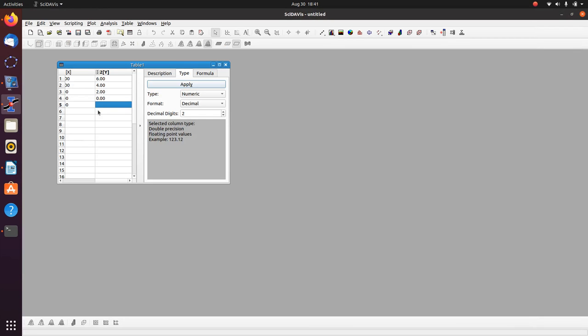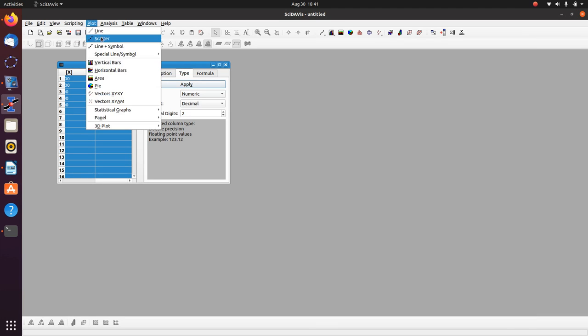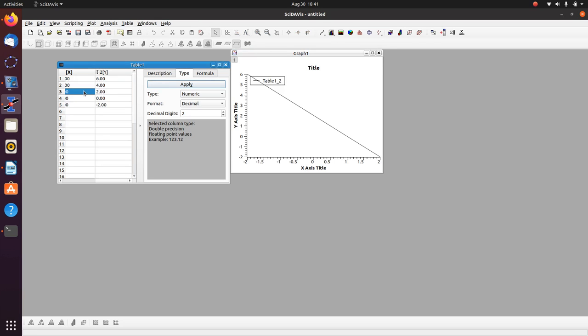So we can actually, just with a few points, make a plot of this. And we can get the general behavior. So let's make a plot. I'm going to make a line plot. So this is a plotting program called SciDAVis, and SciDAVis does a very nice job of trying to make labels and making very nice plots.